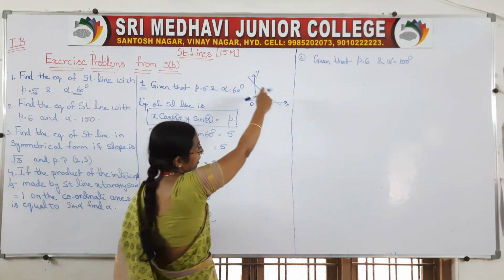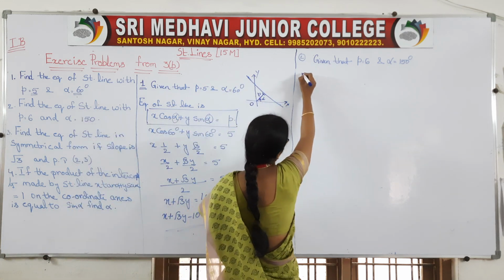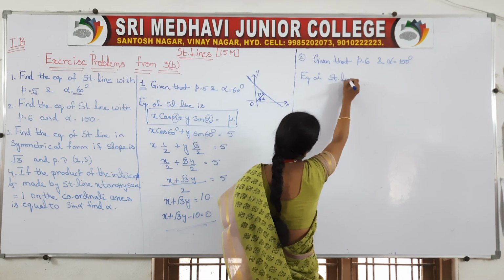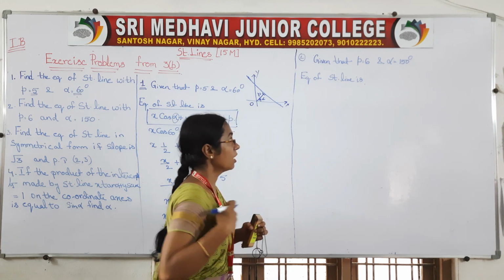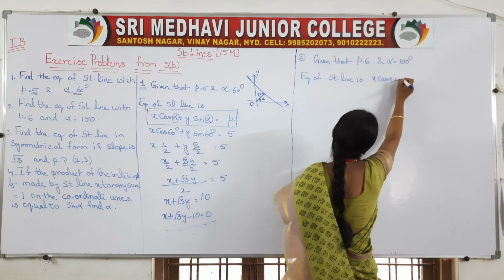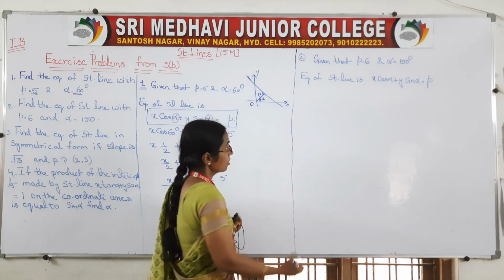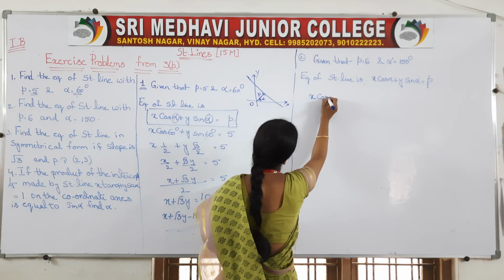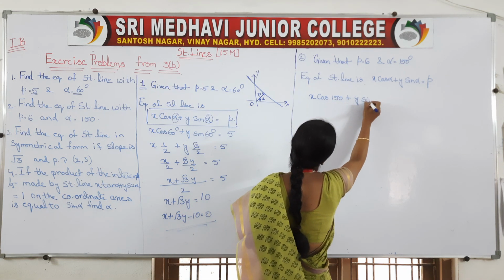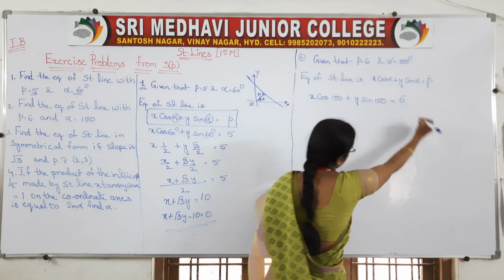It contains alpha as well as P. So this is your normal form. The equation of the straight line is x cos alpha plus y sin alpha is equal to P. So x cos 150 degrees plus y sin 150 degrees is equal to 6.